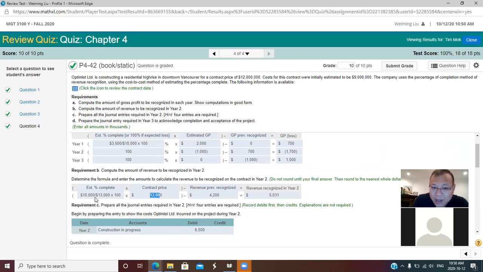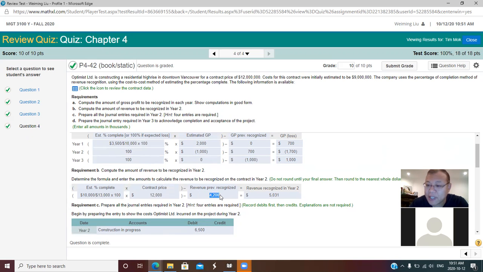In the first year, they recognized 35%, right? 35% times 12 million is 4.2 million. So in the first year, they recognized 4.2 million.